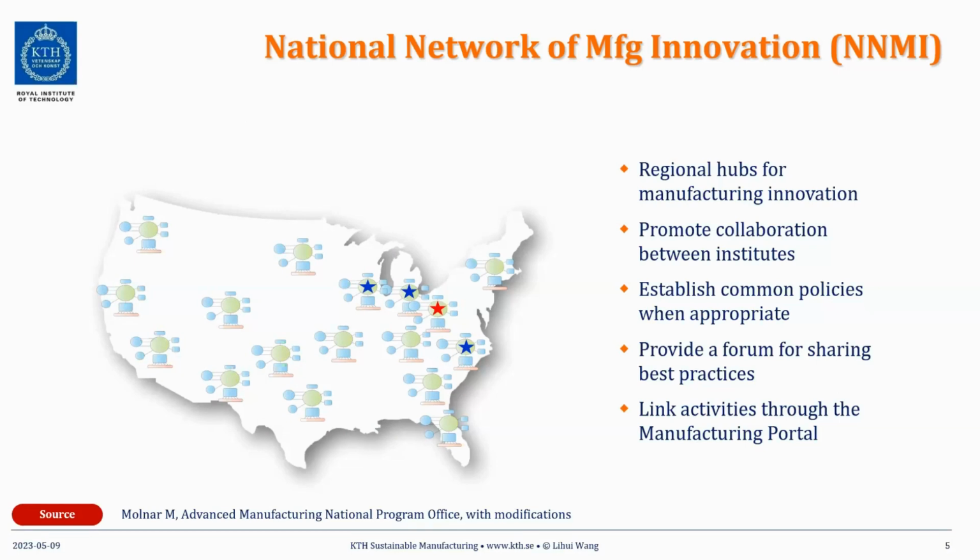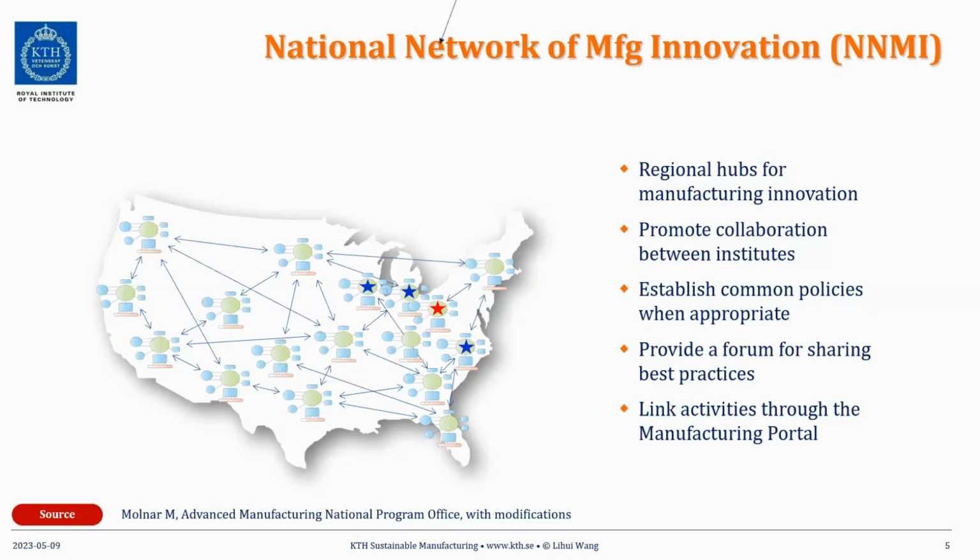Each cluster may engage a number of local universities, research institutes, and local companies. They work together, focus on common research topics, and join forces. That's one hub. If different hubs can collaborate with each other, that naturally forms a national network. This was the design for NNMI.